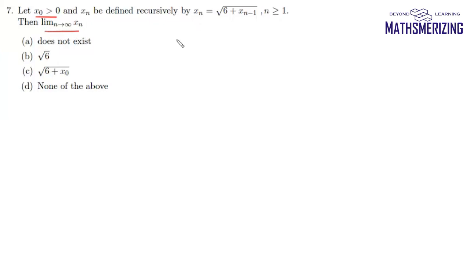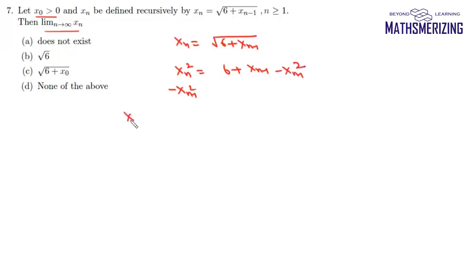Now we can write this xₙ as under root of 6 plus xₙ₋₁. We can write this as xₙ² equals 6 plus xₙ₋₁. Now what we'll do is subtract xₙ₋₁² from it.